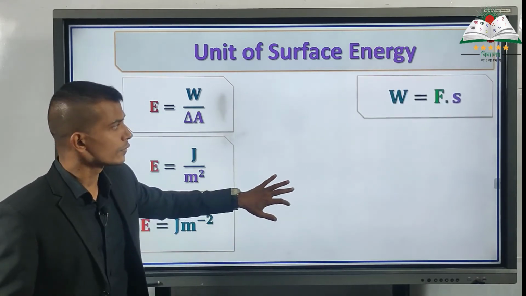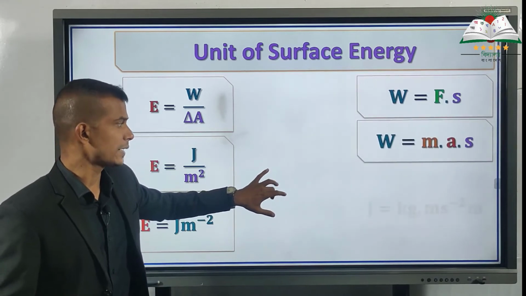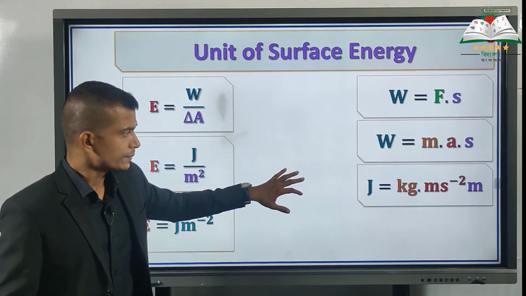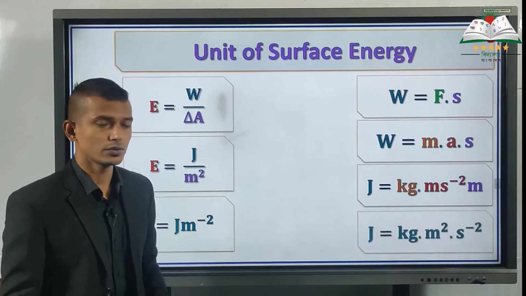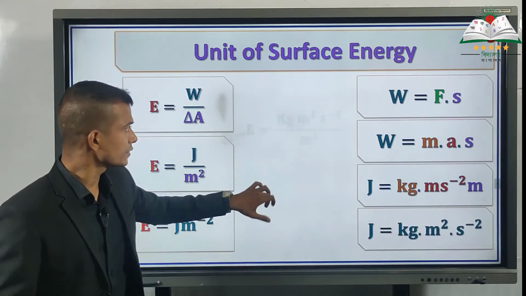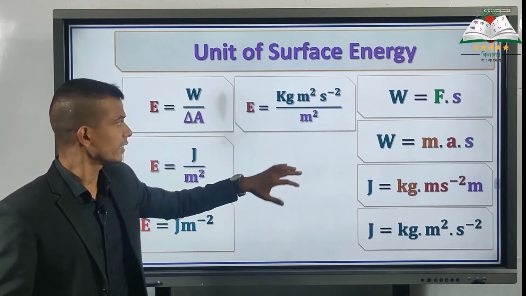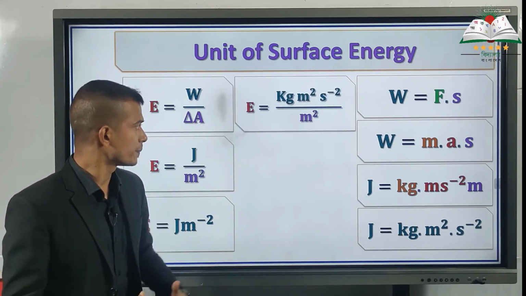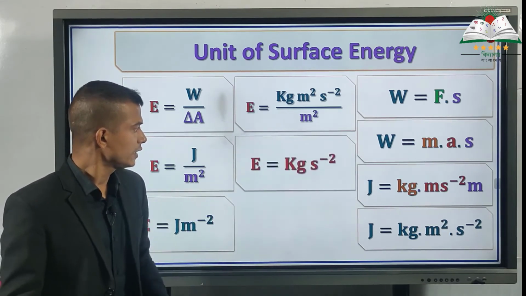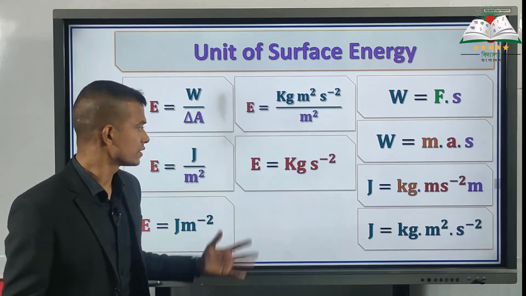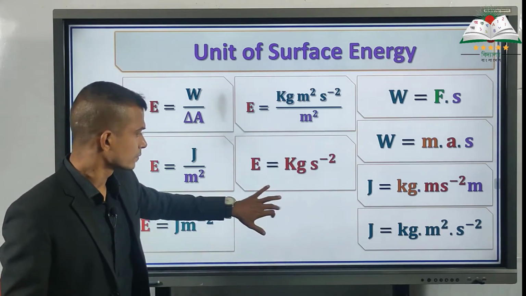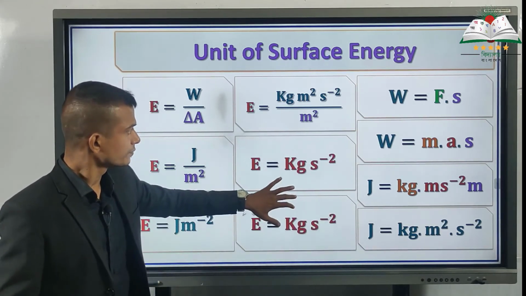So we can write W equals Fs, or joule equals kg meter per second square into meter. So it becomes joule equals kg meter square second inverse 2. We substitute the values of work done here and meter square as well. This meter square and meter square, they will disappear, and E equals kg per second square, which is the fundamental unit of surface energy. Okay, this is important.